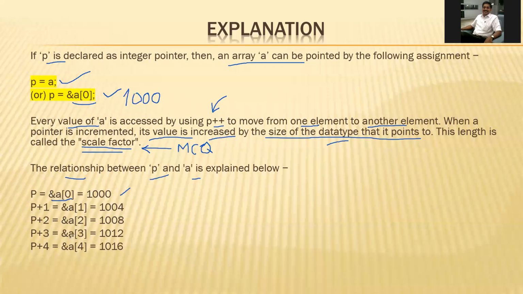Ampersand of A[2] is 1008, that's the address. Ampersand A[3] is address 1012. And ampersand A[4] is address 1016. So P plus 4 will hold 1016. This is the explanation of this array. Okay.